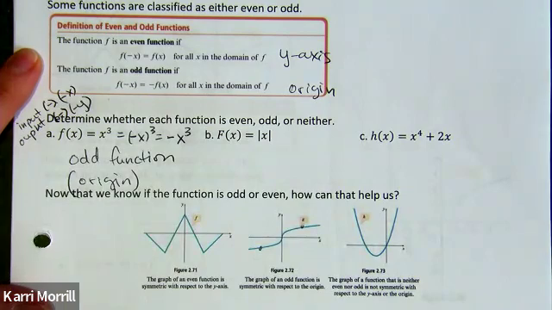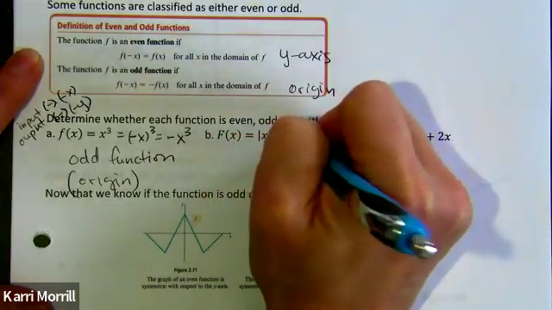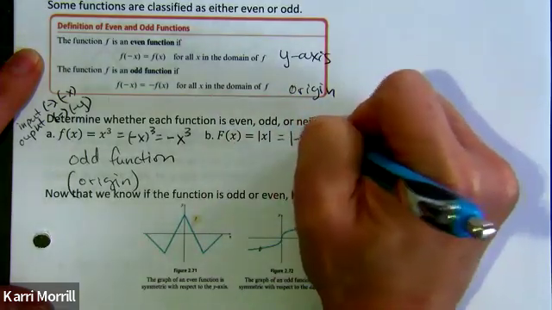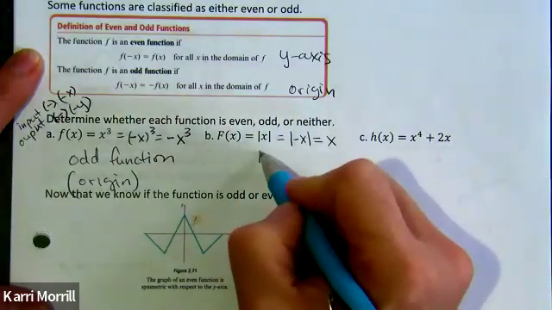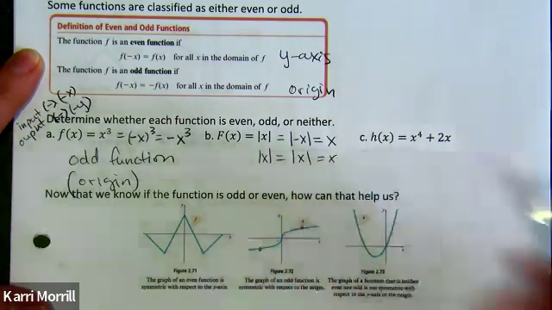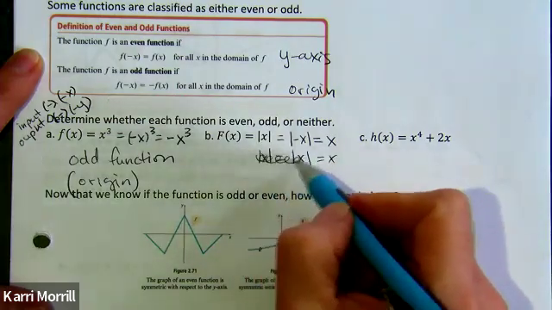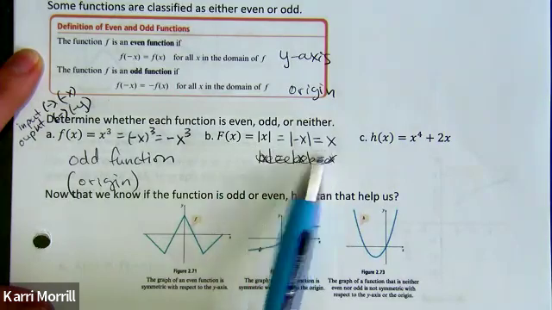Part B is if you plug in a negative for this one, we have a negative inside that absolute value bracket. Remember, that could still just be x. Even if you simplified this, the absolute value of x, right? If we didn't change it, just showing you, is also x, right? So if you change x, it still doesn't change the output.